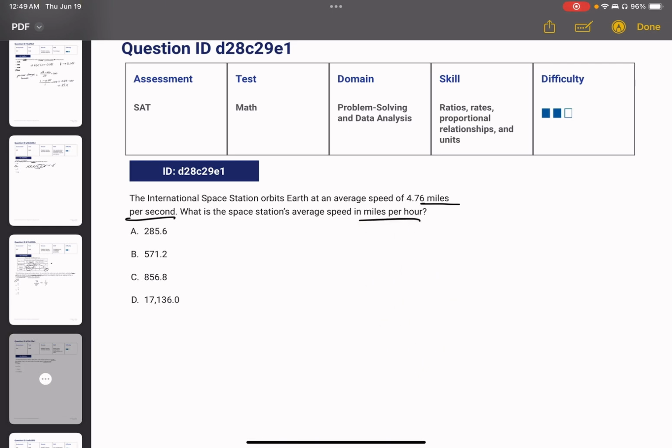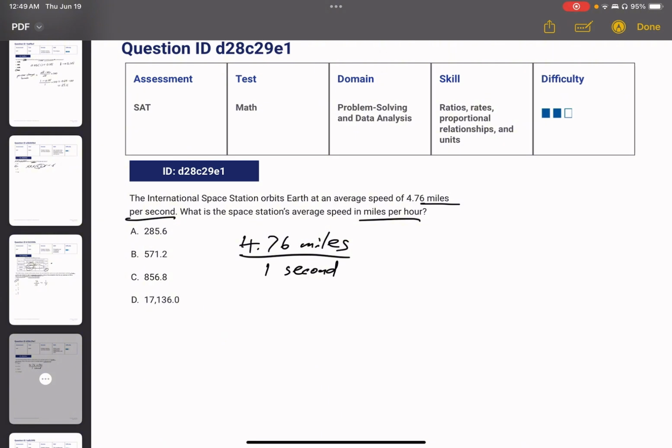So if you've taken chemistry already, stoichiometry, 4.76 miles for every 1 second. That's the ratio we have at the beginning, miles per second. And what we want to do is convert these seconds into hours.